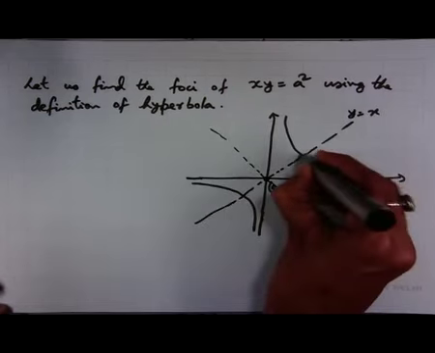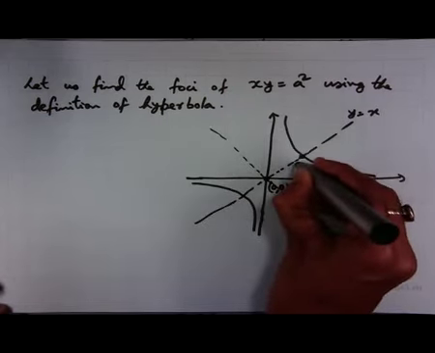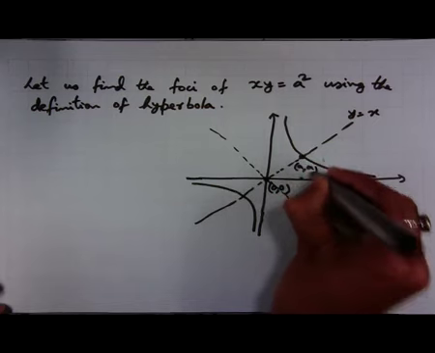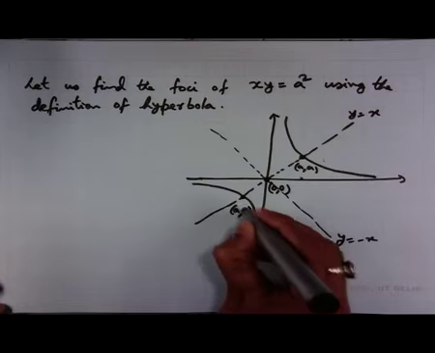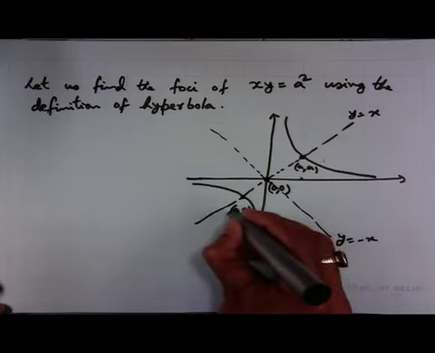So, the vertices are at the points a comma a and minus a comma minus a.